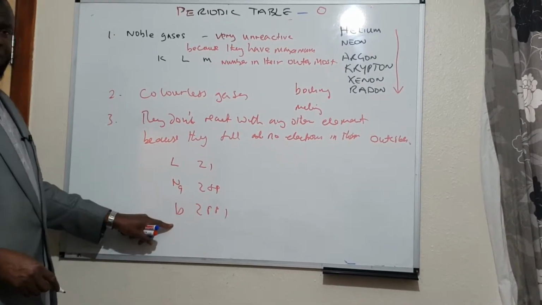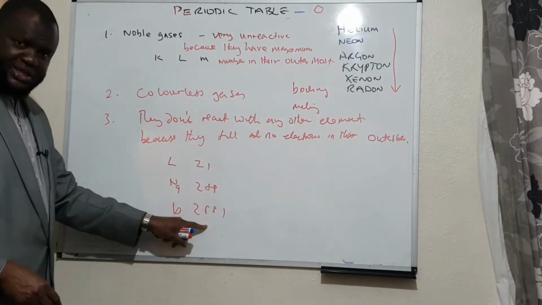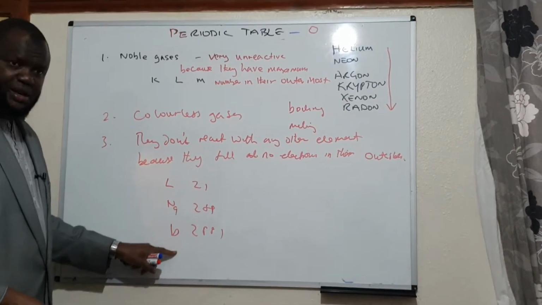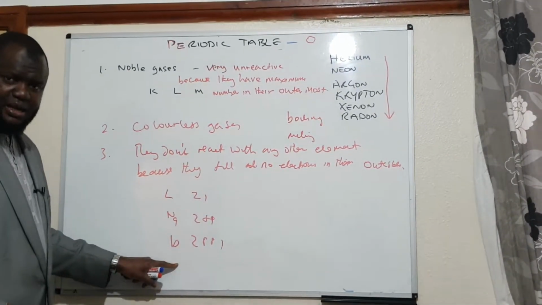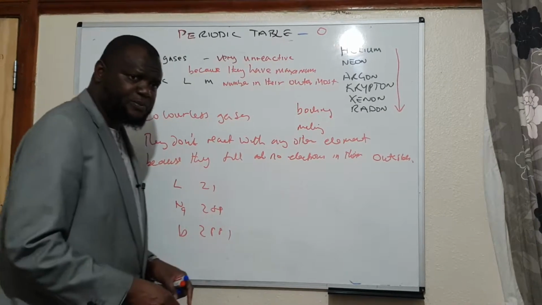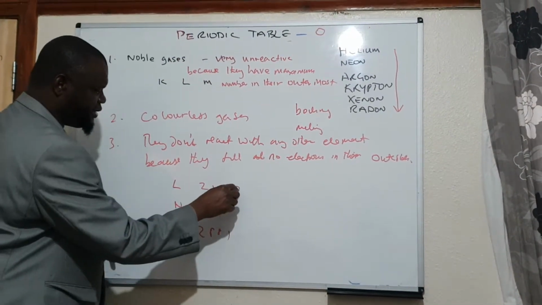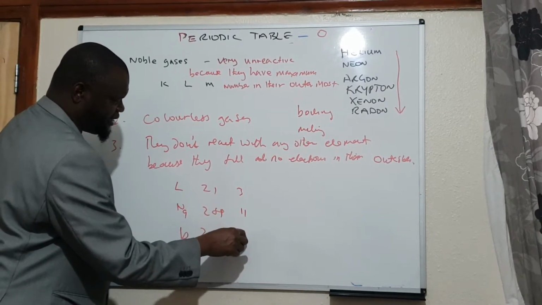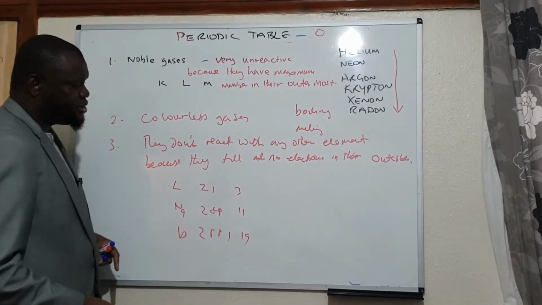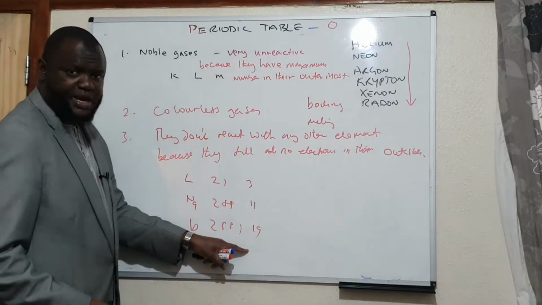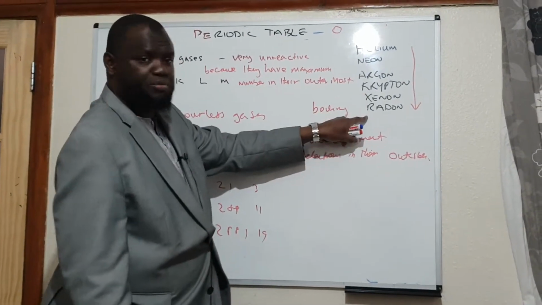As you go down, what happened to the next one? One more shell. That's right. So the atom is becoming bigger and bigger, which means the atomic mass number is increasing. See? 3, 11, 19. So the atomic number is becoming bigger as you come down.